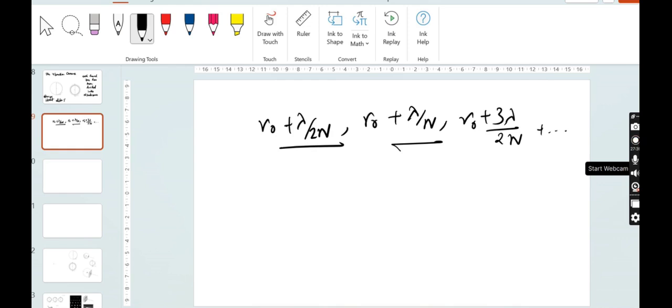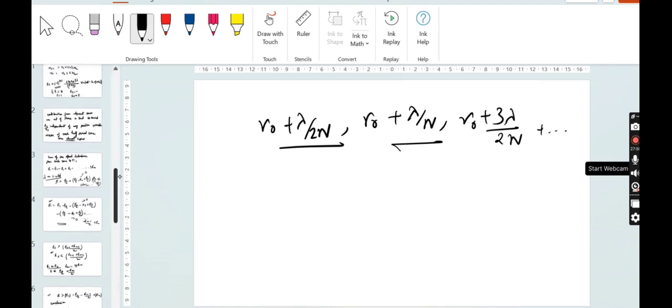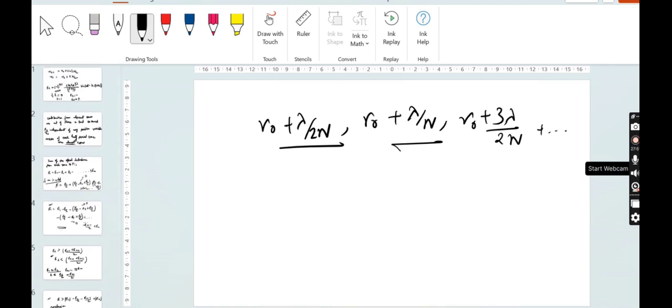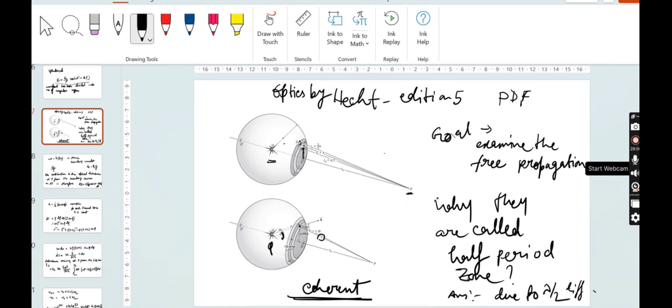Since the phase difference across the entire zone from 0 to its edge is pi rad, because this 2 pi, when the wave goes lambda distance, the phase difference is 2 pi. So when that is lambda by 2 distance, that is pi rad. So this is pi rad.